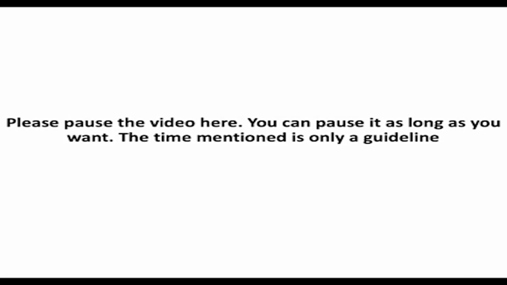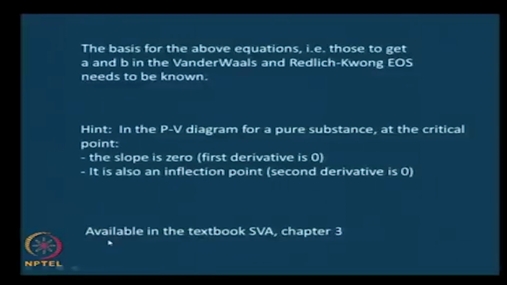Take about 15 minutes to do it. You would have been able to work those things out and get expressions for A and B. If you did not, or even otherwise, please take a look at chapter 3 in your textbook, Smith, Van Ness, Abbott.